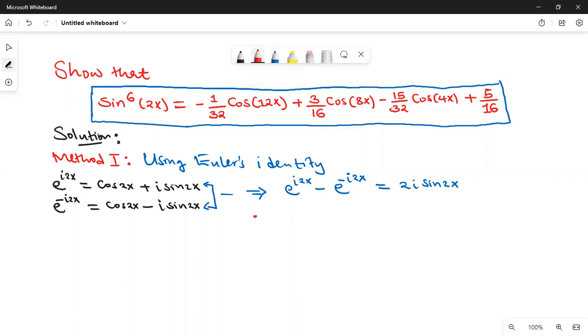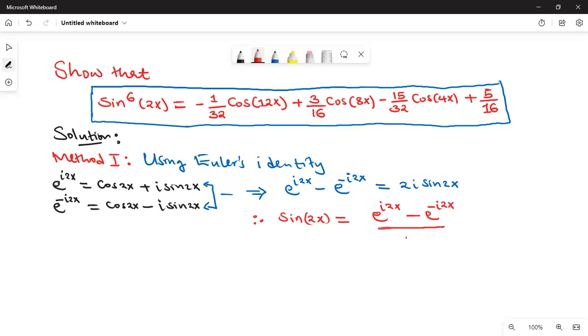So now make sine 2x the subject. We can now say therefore sine of 2x is equal to exponential i to x minus exponential negative i to x, everything divided by 2i.